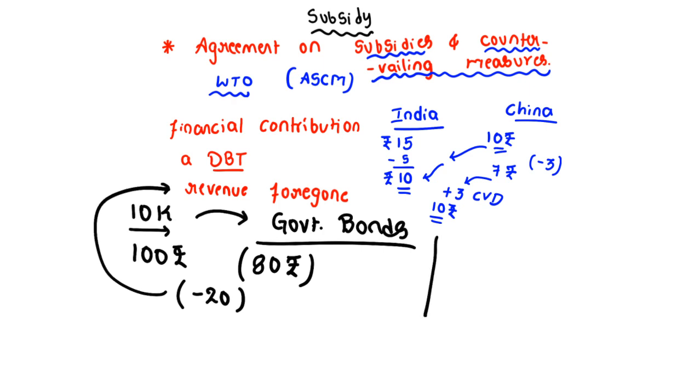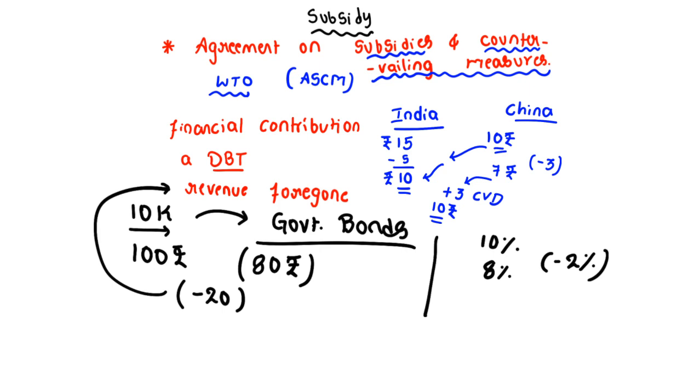Or for example, the government might tax you 10% on your income, but it says if you keep on increasing your investments or keep on improving the production, then I will charge you 8% only. That minus 2% is also revenue foregone. Clear?